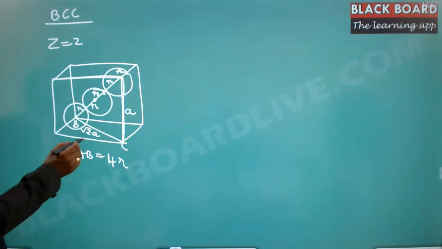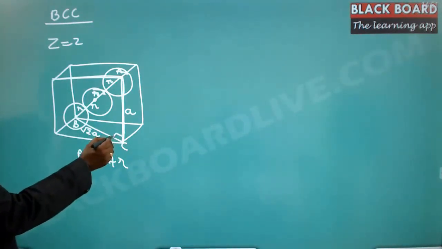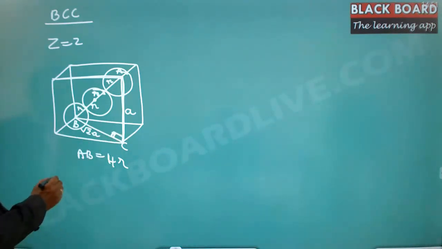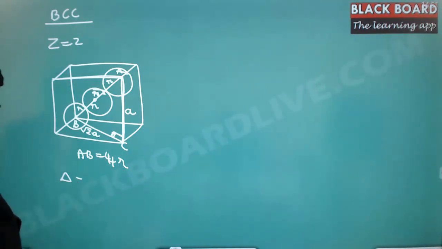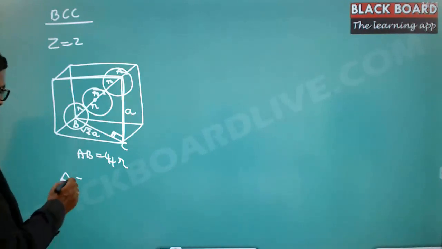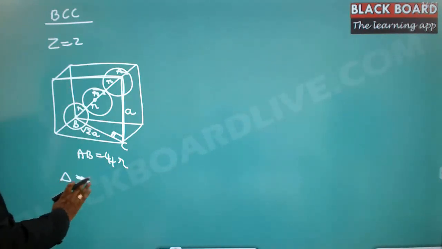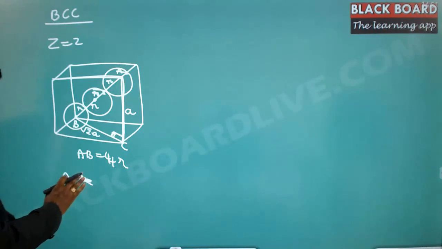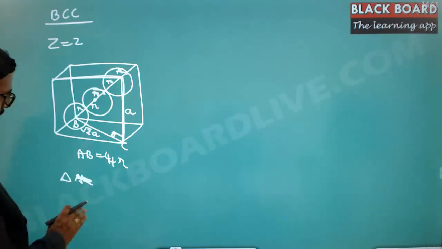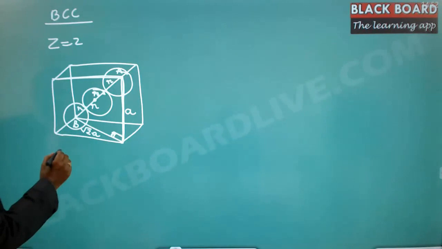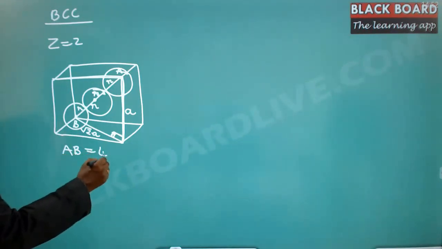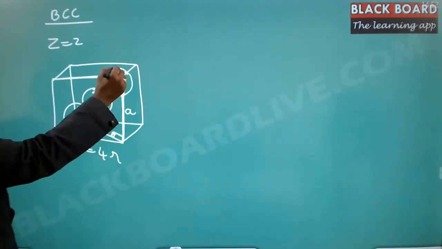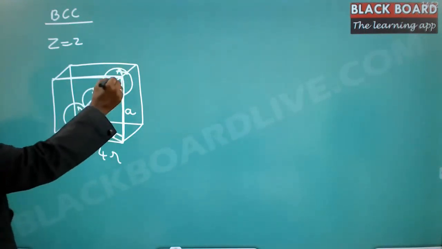Now, this is the perpendicular, 90 degrees angle. Angle C is 90 degrees. So in triangle ACB, AB is equal to 4R. A lies here, B lies here. This length is called AB.